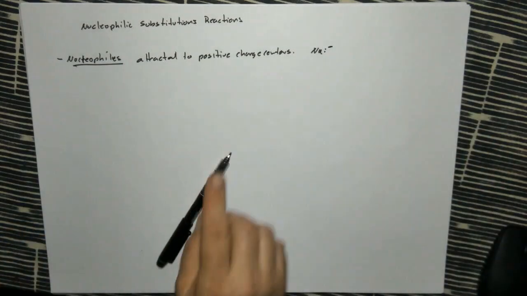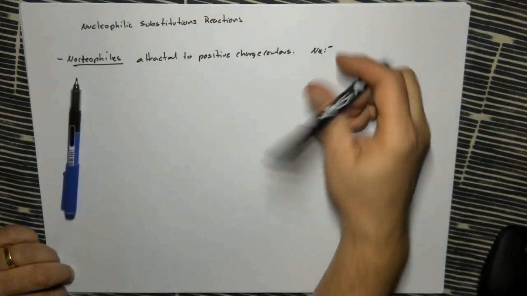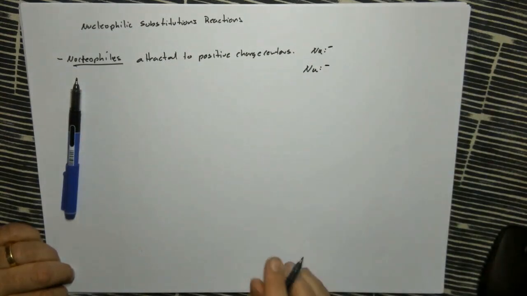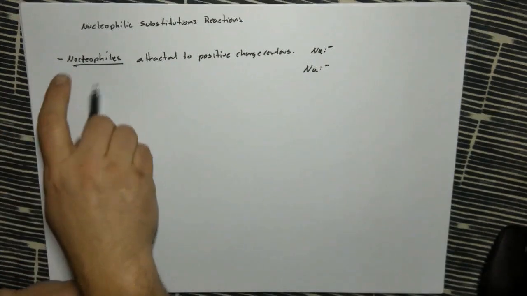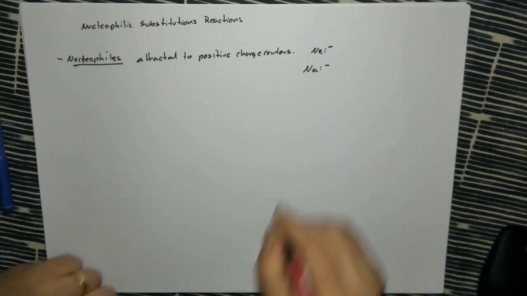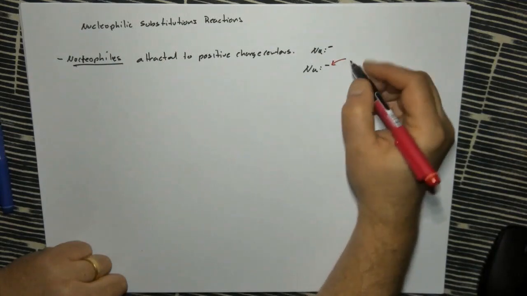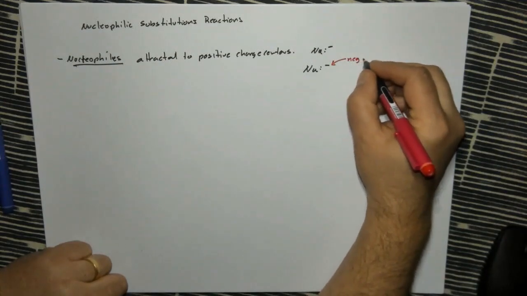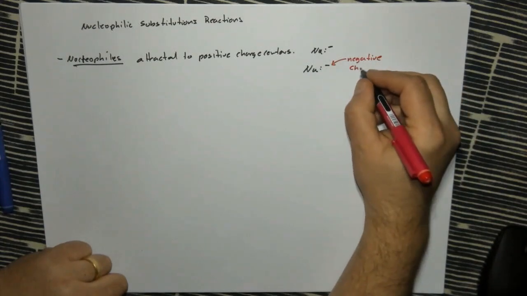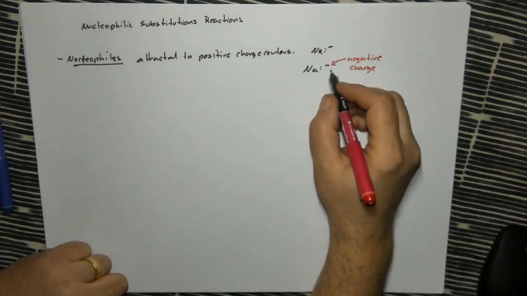Now, let's redraw that symbol a little bit larger, Nu with two dots, like that. The symbol itself implies two characteristics that nucleophiles can have. They can either have, and usually one implies the other, but not always, a negative charge of some sort. It doesn't have to be a full charge.